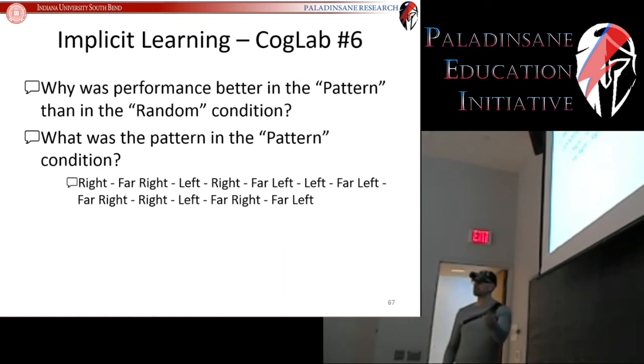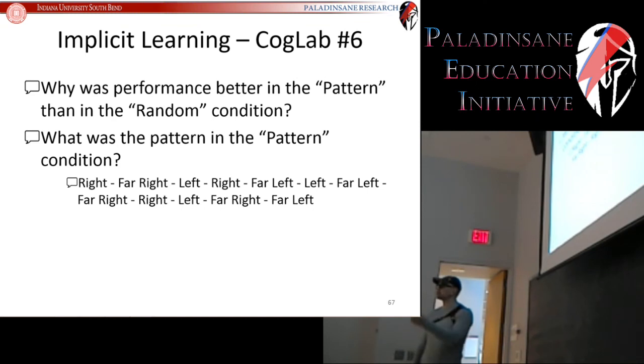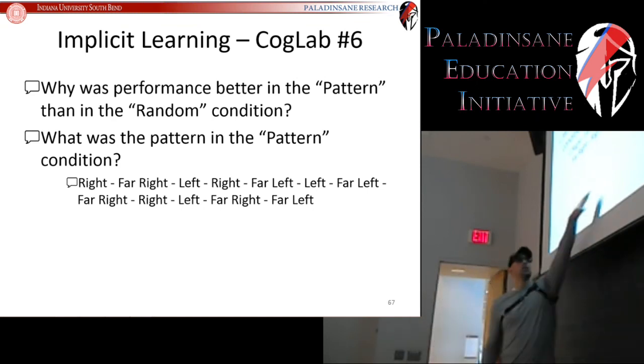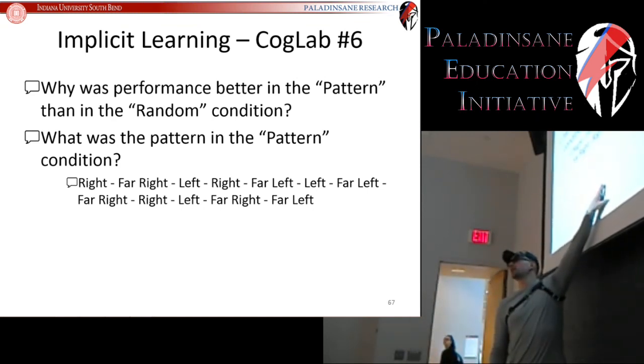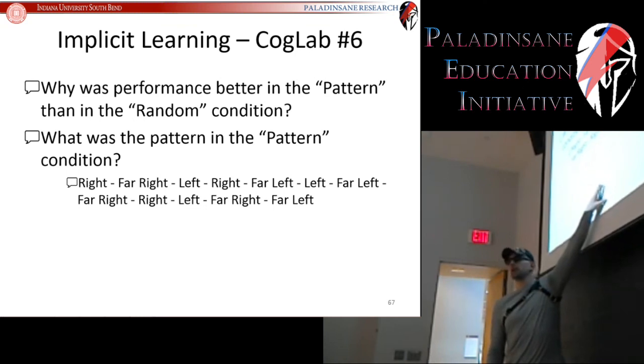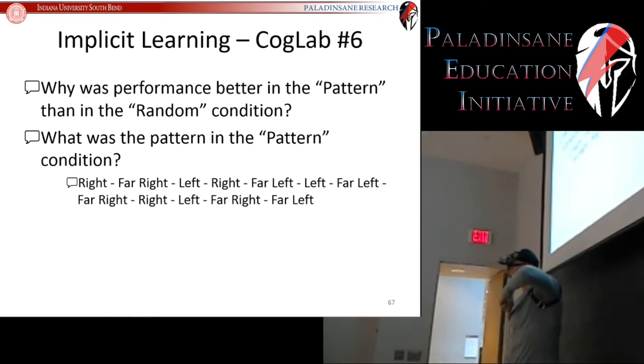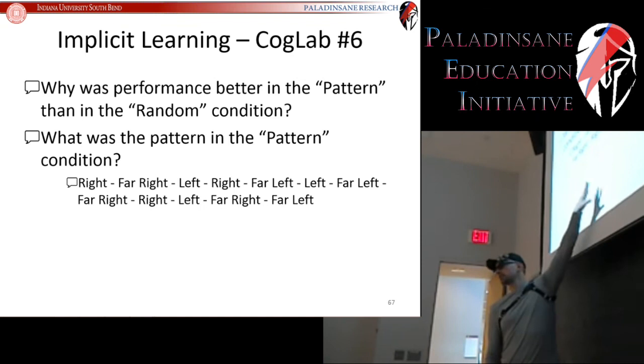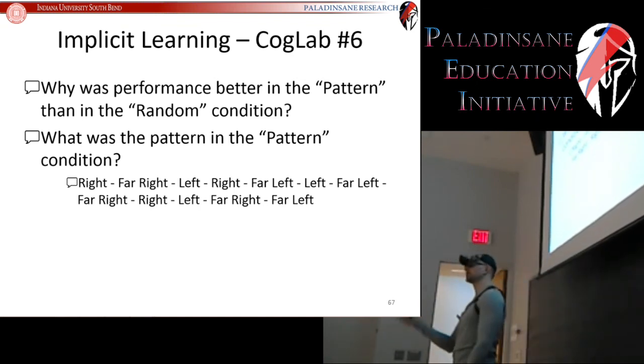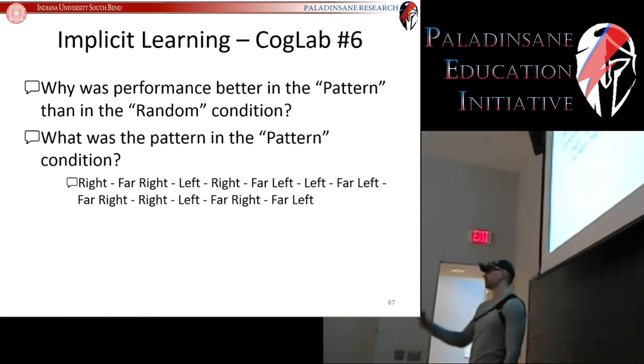You actually were able to detect this pattern, and that's why you were faster. So the fact that nobody ever guesses this, again, is very strong evidence that you were explicitly unaware of this. You had no explicit memory for this, but it affected your behavior, it affected your reaction times, which means that you had implicit memory for that pattern.